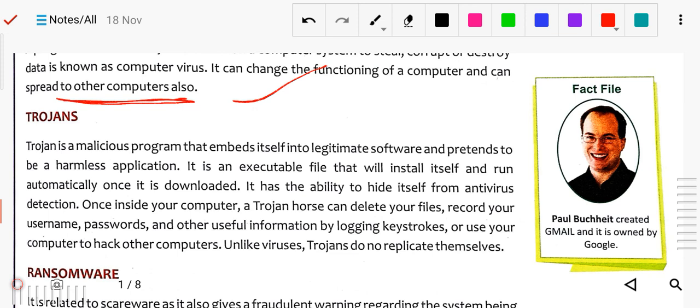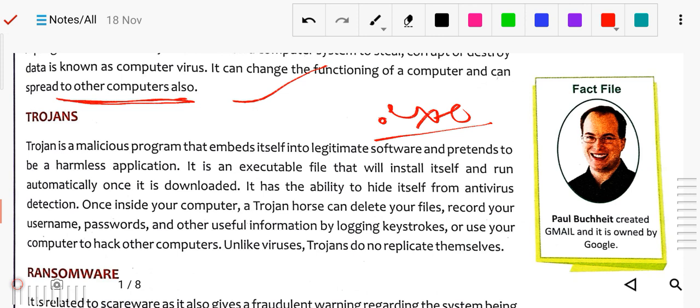It pretends, showing itself as useful for your computer or your mobile or any device. It will show like that, but actually it is not. It will download an executable file, a .exe file. Once inside your computer, a Trojan can delete your files and record your username, password and other useful information by keystroke logging, or use your computer to hack other computers.